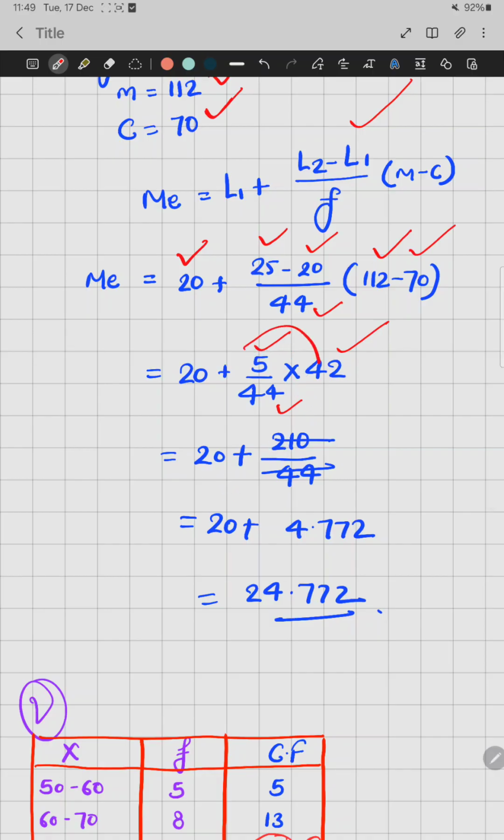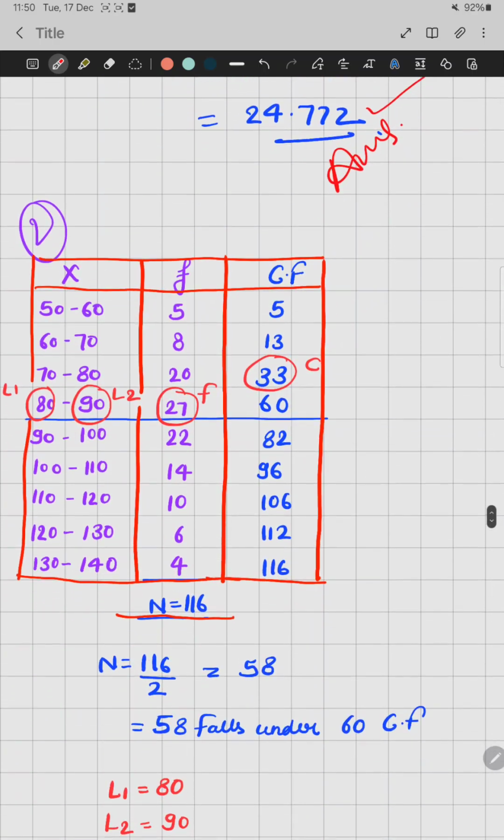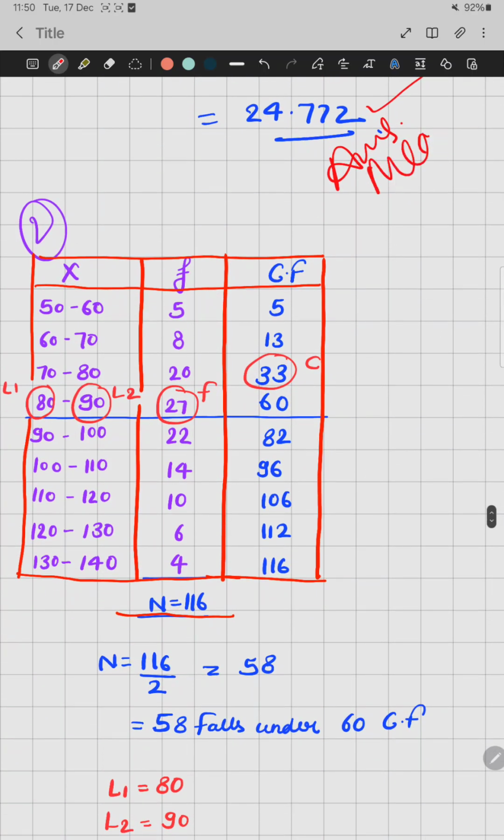If you multiply 5 into 42, that will become 210, and 44 will be the same. Now if you divide 210 by 44, that will become 4.772, and if you add it to 20, your value will come as 24.772, that will be your median. So that is the continuous series.